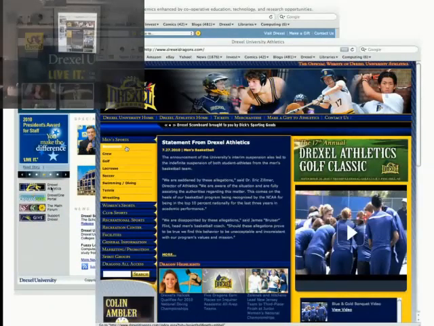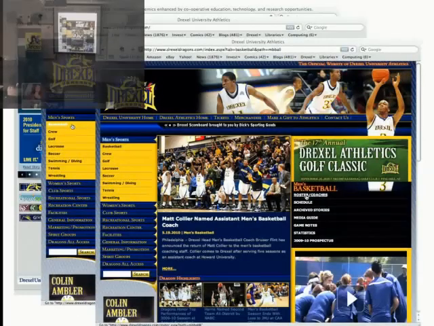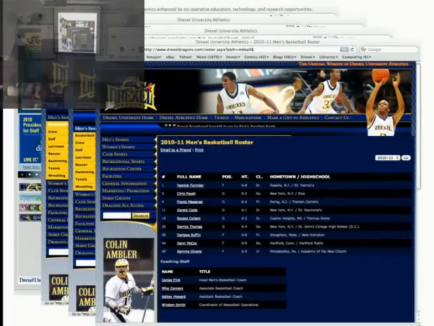From basketball, you can get to the rosters/coaches, which is over here. And then finally you end up at the roster here. So that's one way to get there.